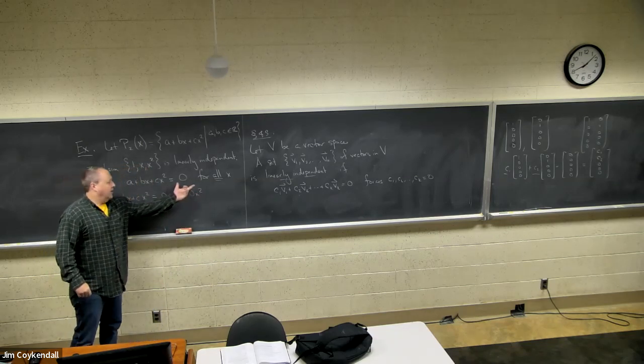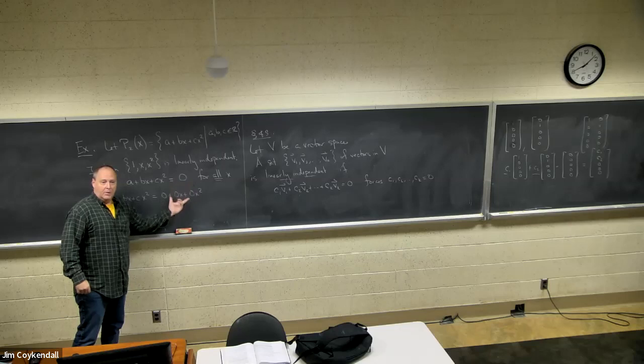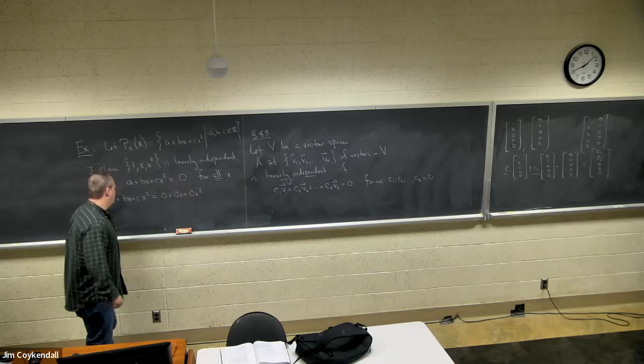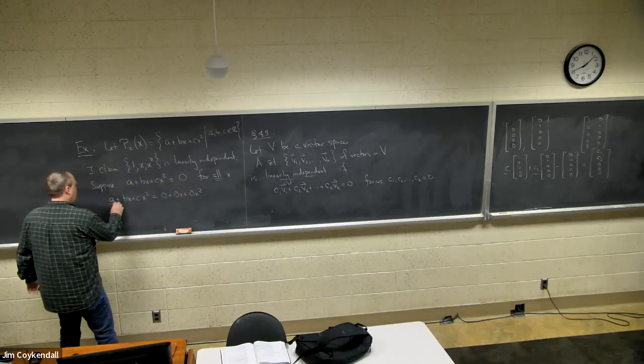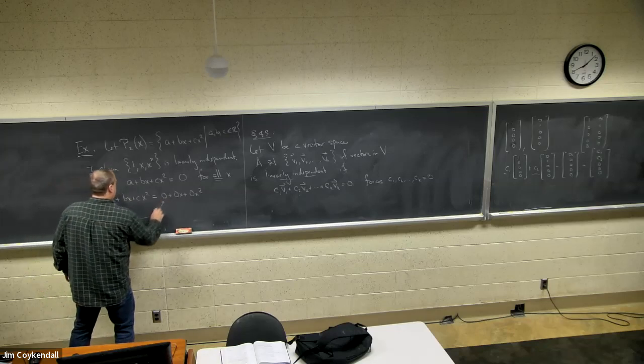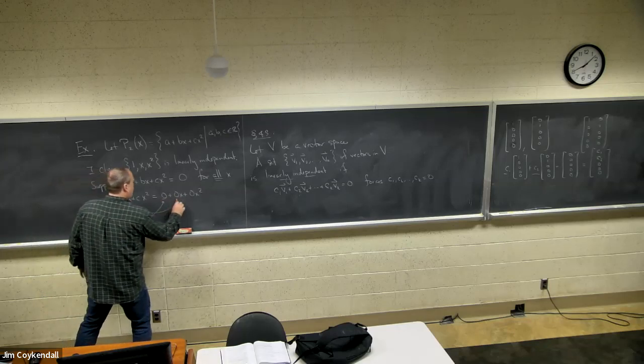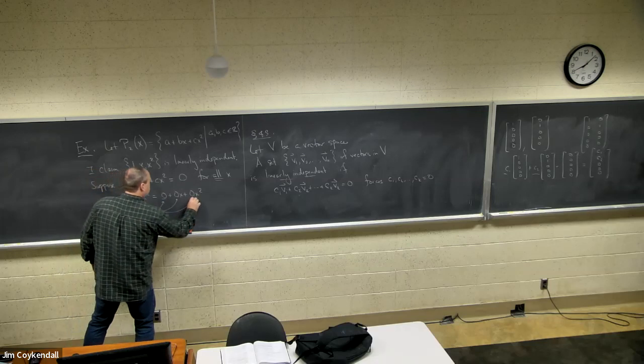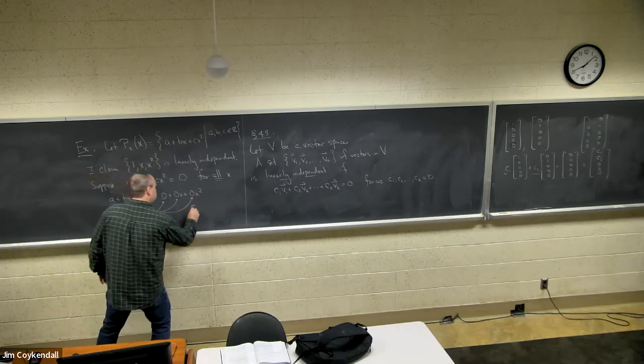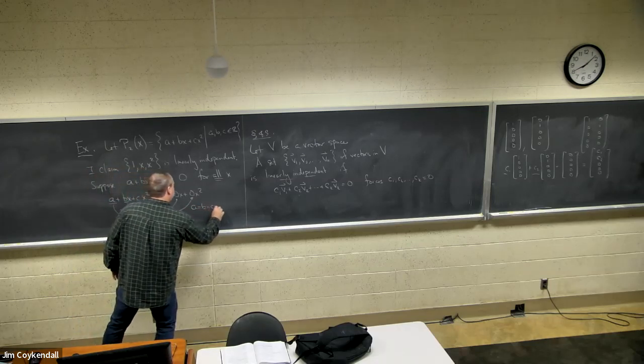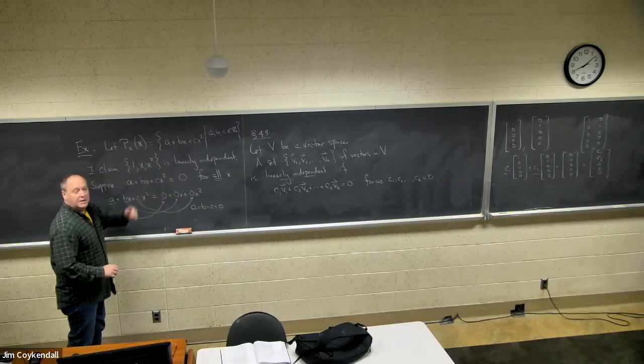What does it mean? Here's a fancy way to write 0: it's 0 plus 0x plus 0x squared. How do you equate two polynomials? By the coefficients, right? So this is a linearly independent set.